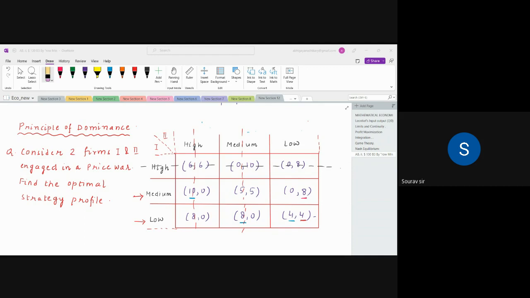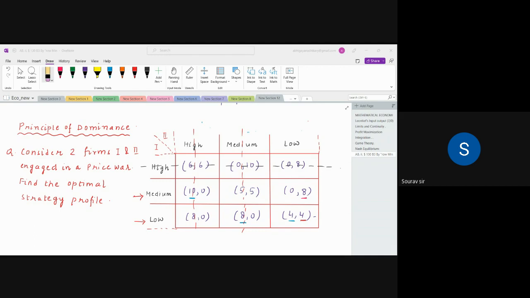So the first thing that you will do is fix the strategy of player one as medium. If you do that, then what is the optimal response of player two? Check that. It is coming out to be low. Right, Amrita? Making sense? Yes, sir. And similarly, if you fix player one's strategy as low, then what is the optimal? It's again low.